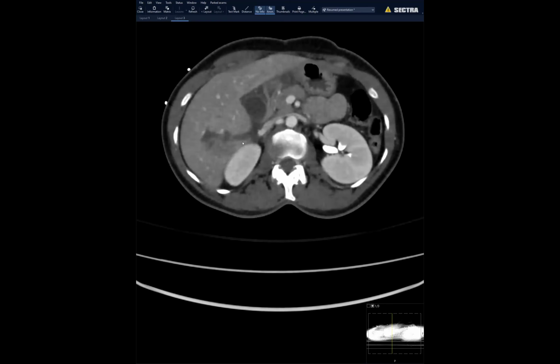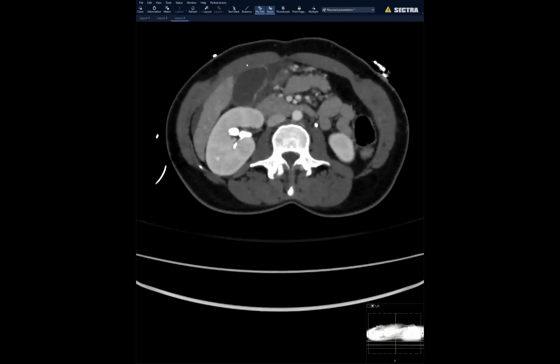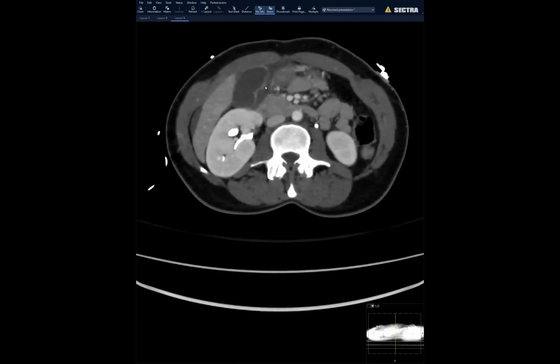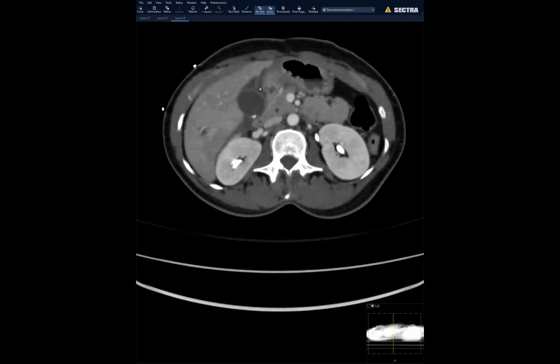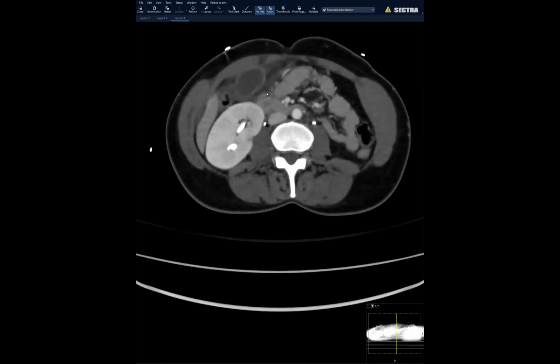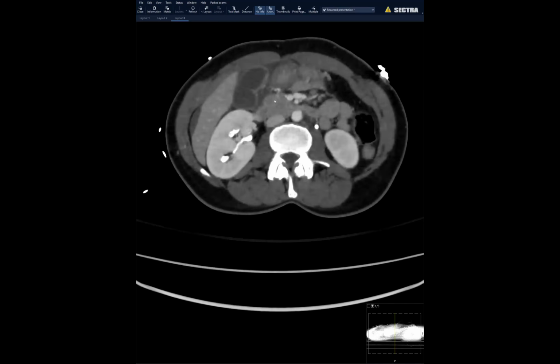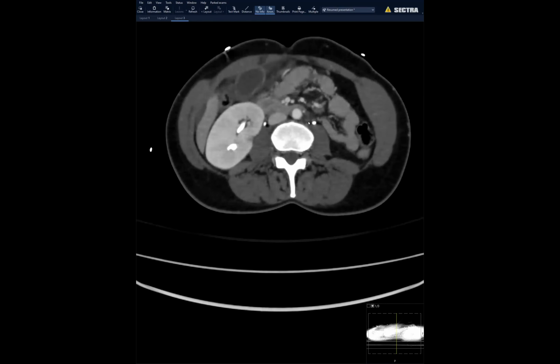Didn't really find any. We called a small subcapsular hematoma here, and a little bit of fluid around the gallbladder. We did see a stone somewhere on here, unrelated, but we did call some of this fluid close to the pylorus of the stomach and fundus of the gallbladder.